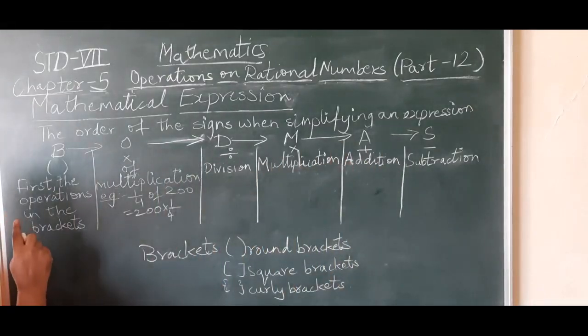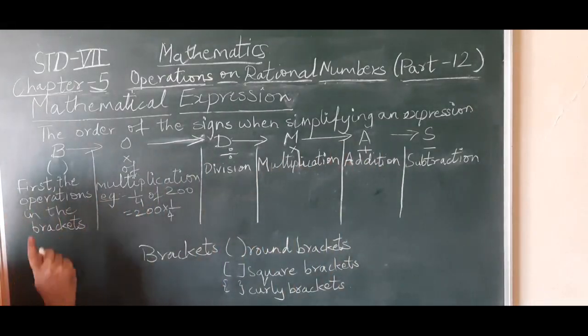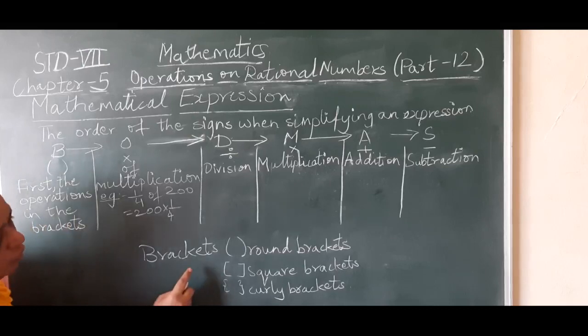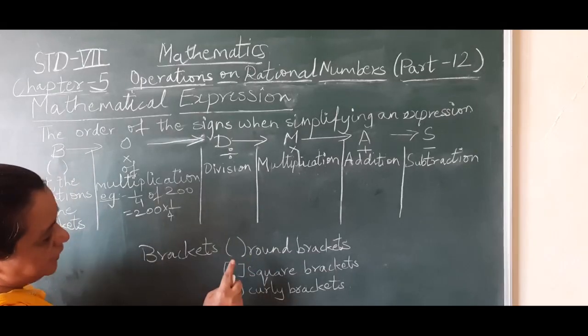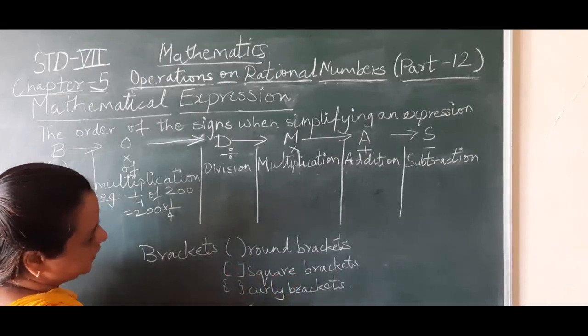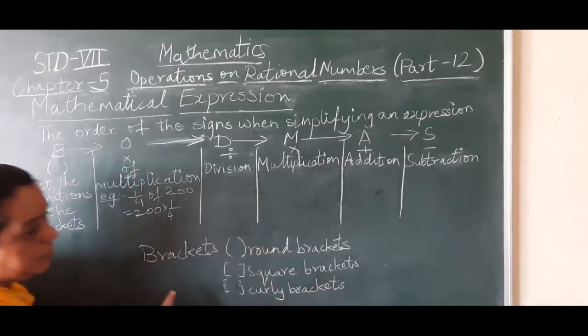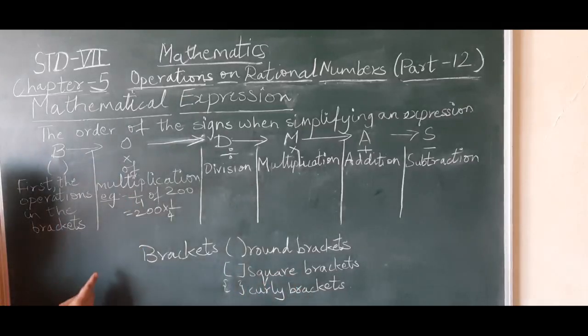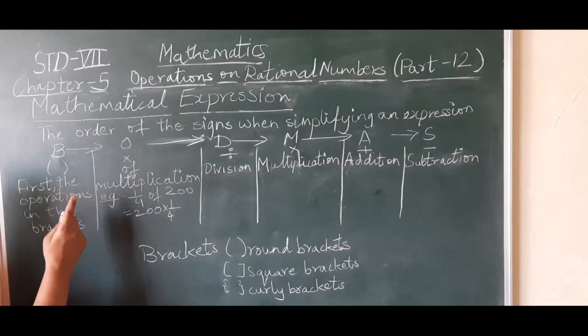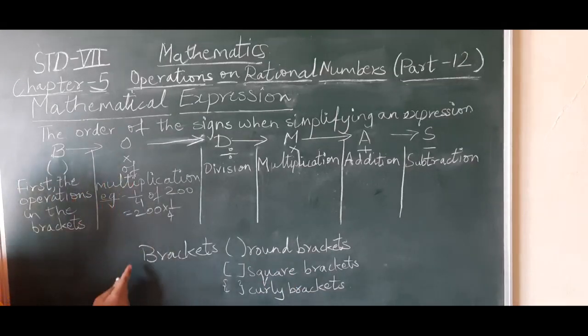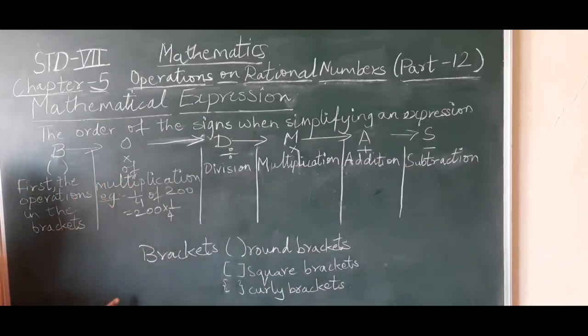This is the way you are going to follow while solving the expression, the rules. Now for brackets children, you are going to first solve the round brackets, then the square brackets and at the end the curly brackets, so that it makes easy for you all to solve the expression properly and get the correct and right answer.